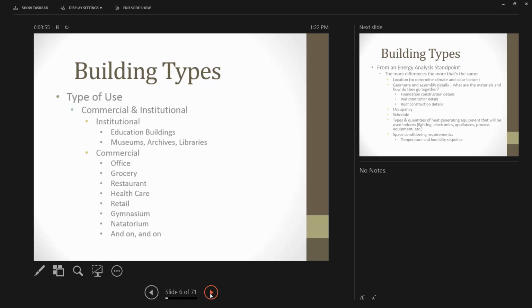And then different types of buildings have different types of use. And this is when we start talking about energy use intensities, we'll talk more and more about the different types of use, because just as the buildings aren't used for the same thing, the energy intensities and the strategies that we use to control those aren't necessarily always going to be the same.